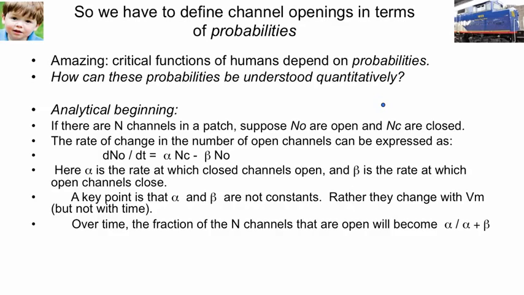We can write what is happening as an equation by saying that the number that are open is changing as a function of time, dNO/dt, the rate of change of the number that are open, by two processes.